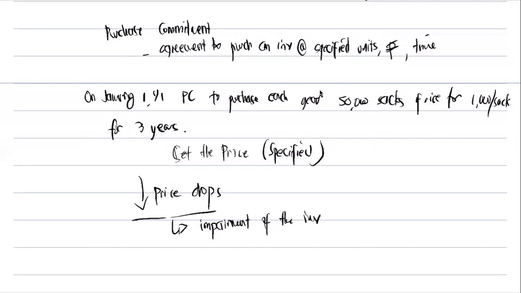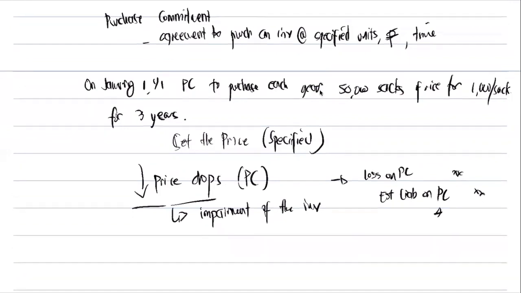Here in your purchase commitment, whenever there is an impairment of the inventory due to the price drop of the purchase commitment, then we record it as loss on purchase commitment and credit estimated liability on purchase commitment. Okay, so ganun yung gagawin natin. So we just need to recognize the loss on purchase commitment and the estimated liability on purchase commitment.